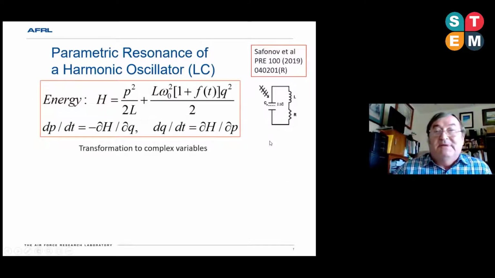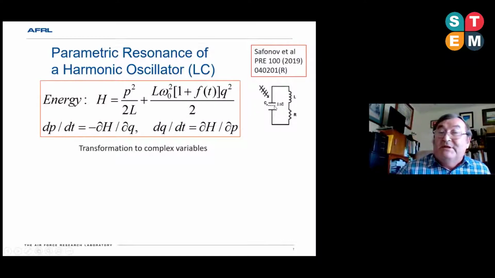So let's consider a simple example of a harmonic oscillator, say an LC circuit with some damping. We can consider the Hamiltonian of the system, which is the energy accumulated in the inductivity, and the energy accumulated in the capacitor.